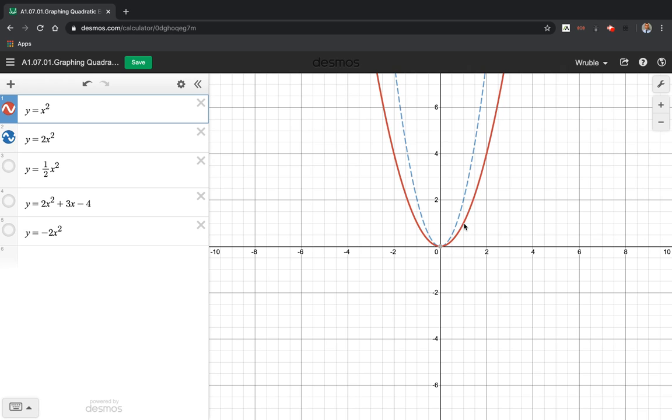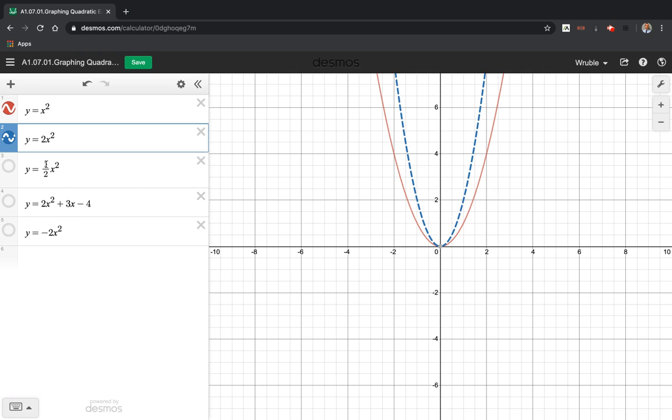So where we had the point 1, 1, the x value is not going to change, but the y value is. 1 multiplied by 2 is 2. So we have the point 1, 2. Everything basically gets doubled.